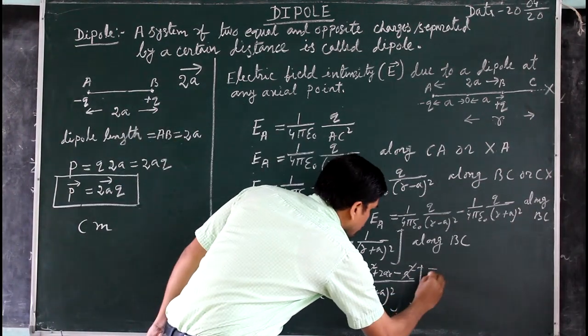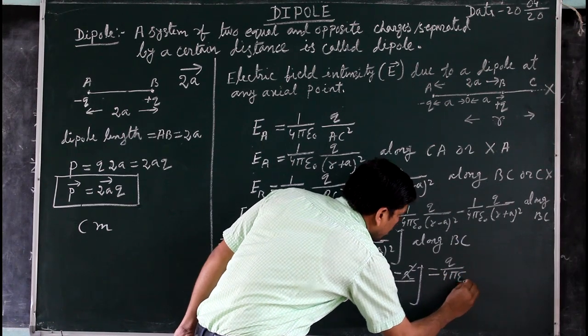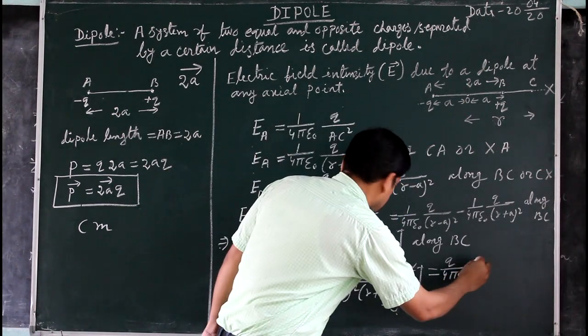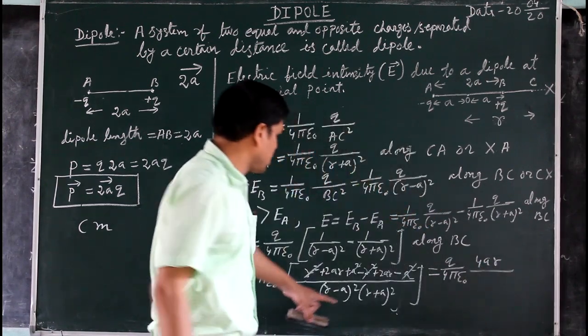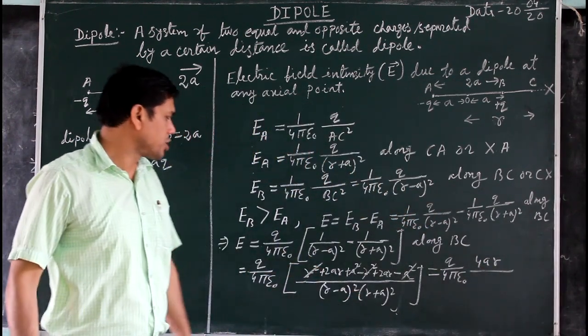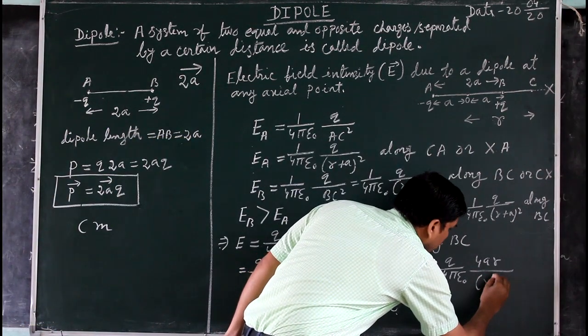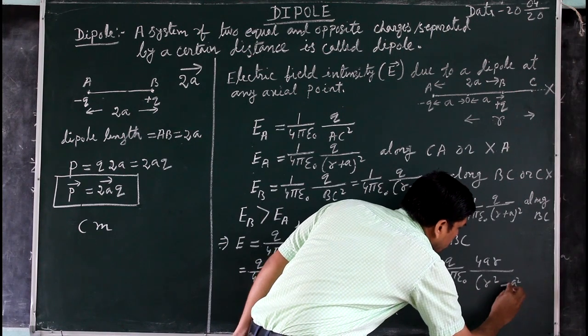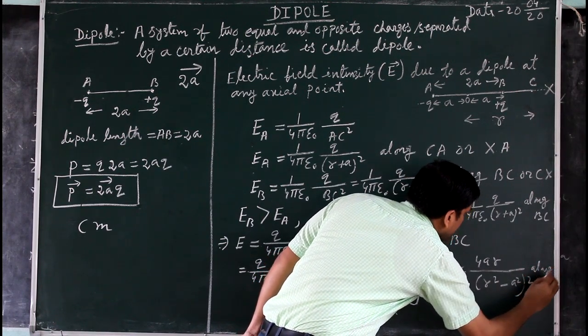So this is equal to q by 4 pi epsilon naught 4ar by, now using the a square minus b square formula, what do we have? r square minus a square whole square along BC.